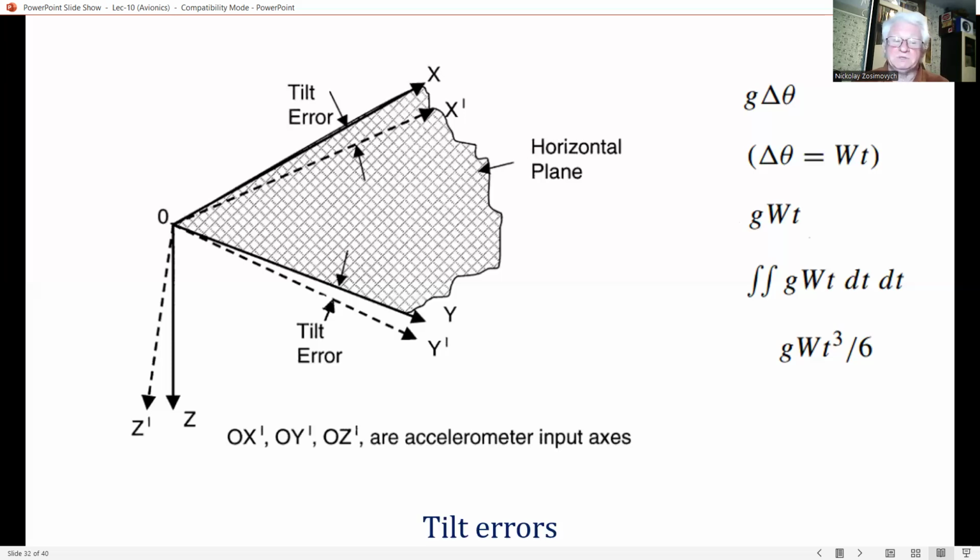Clearly, these types of error propagation are unacceptable, except in applications where the time of flight is short, like mid-course guidance of short-range missiles, or where the system could be frequently corrected by another navigation system.